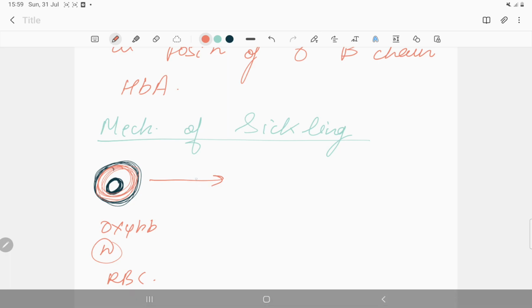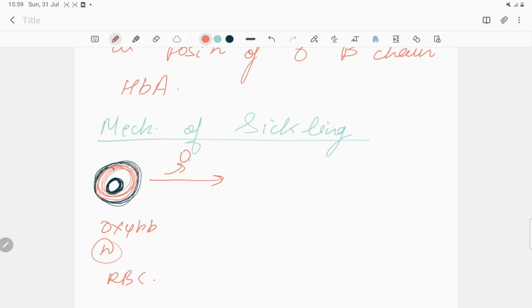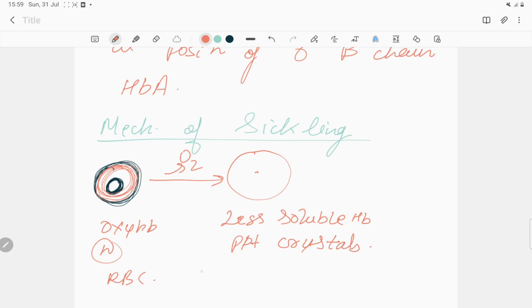When there is low oxygen tension or low oxygen, what will happen? This RBC has hemoglobin which will become less soluble, and this will precipitate into crystals within the RBC, like this.